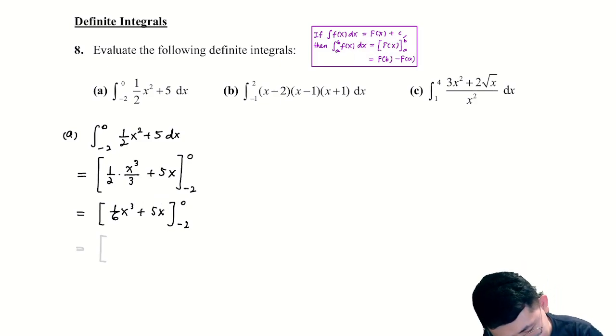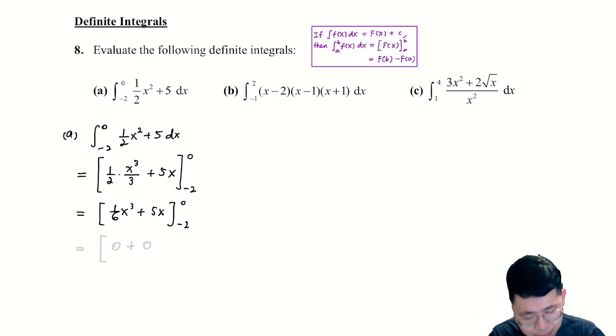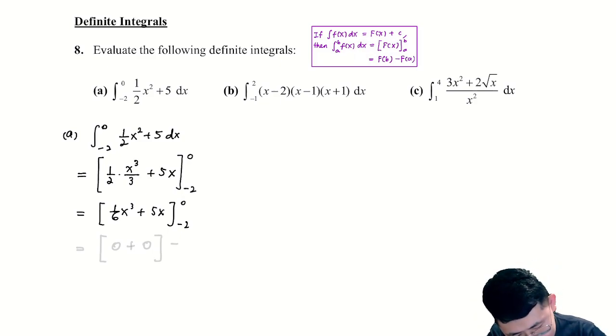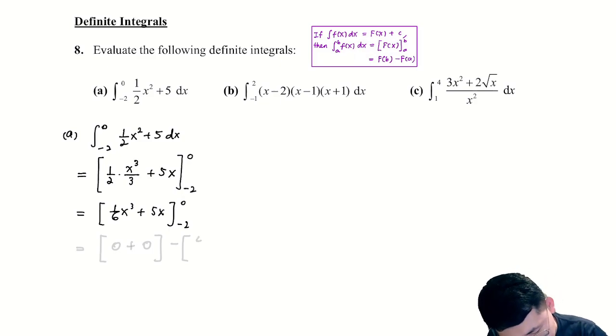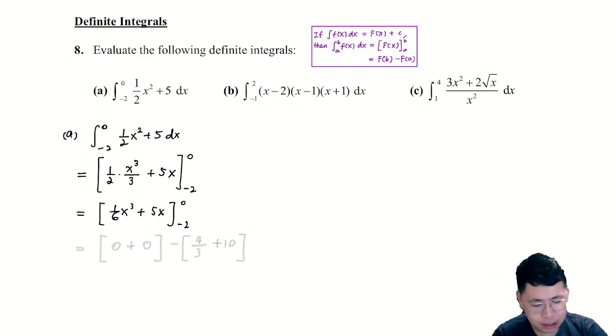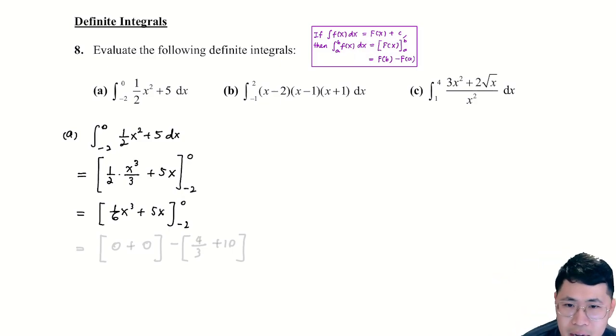Subbing in 0 gives us 0 plus 0. Then we subtract off the one subbing in -2, which gives something like 4 over 3 plus 10.